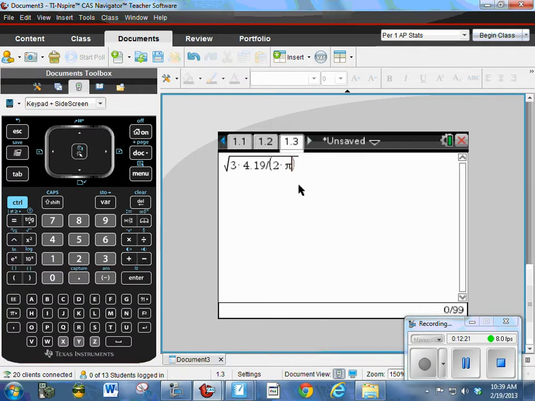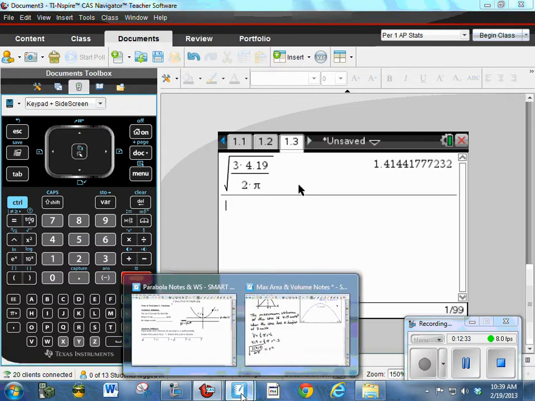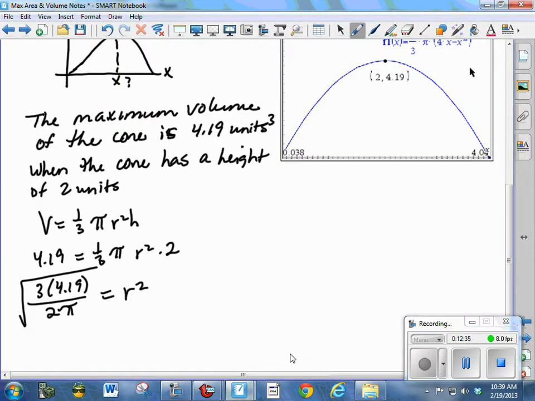And that equals 1.414. So let me go ahead and put that on there. And a radius of 1.4 units. So there's our maximum volume.